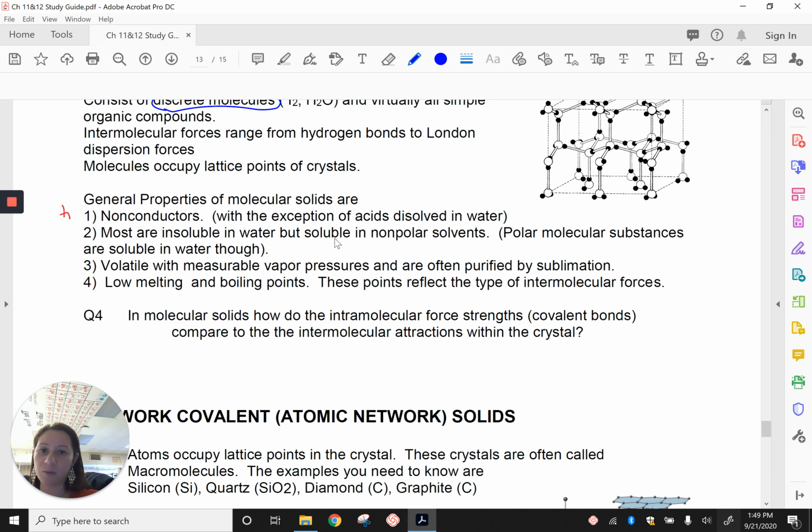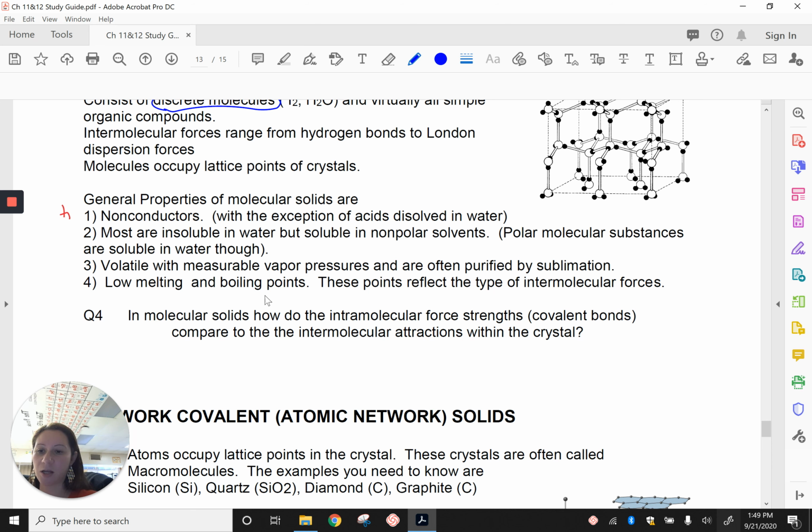Most of them are insoluble in water, but there are some polar substances that are soluble. They are volatile. They will have at least some measurable vapor pressure, depending on what type of substance it is, and they have low melting points and boiling points compared to other types of substances.